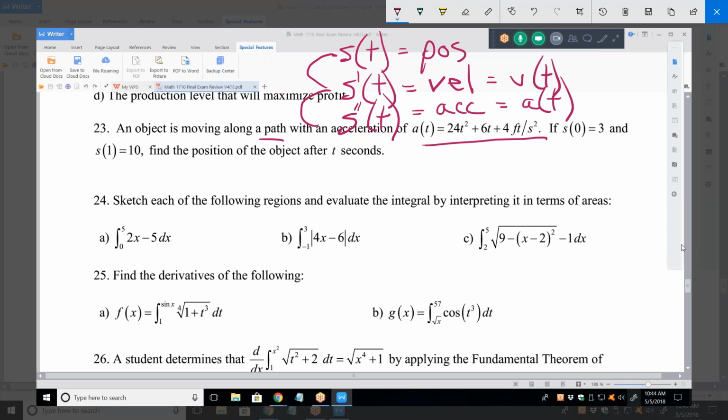Okay, so how do I get from second derivative to first derivative? Antiderivative. Correct. So give me the antiderivative. In other words, tell me what v of t is. It is 12t... The antiderivative.